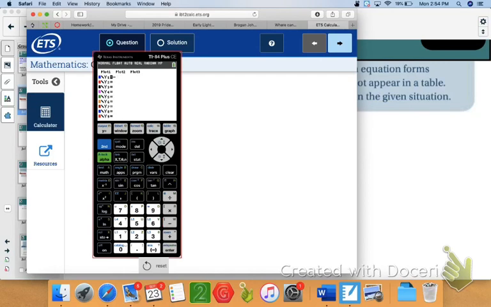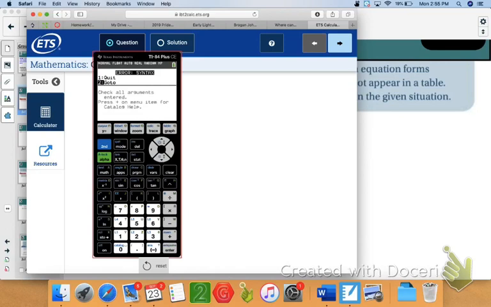So I can say -2x, and x is going to be this button right here, the one next to the alpha. It has X,T,theta,n on it. Then plus 1. So I hit that and then I go to graph.